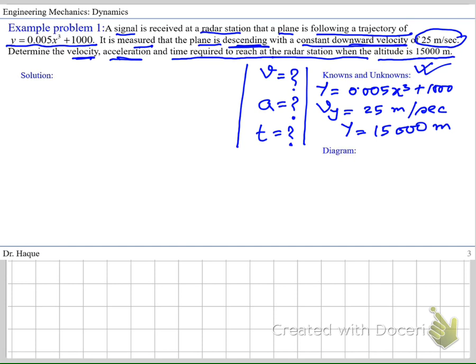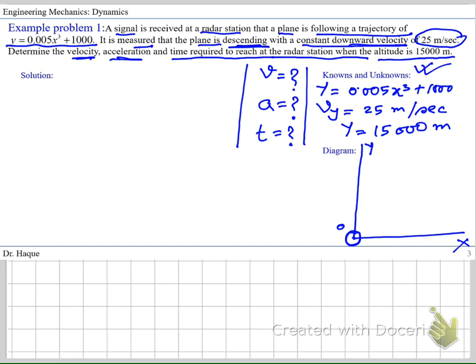So to clearly understand the problem, let's draw a diagram, in which we can say this is the x direction and this is y, which is altitude, and our radar station is right here at the origin.